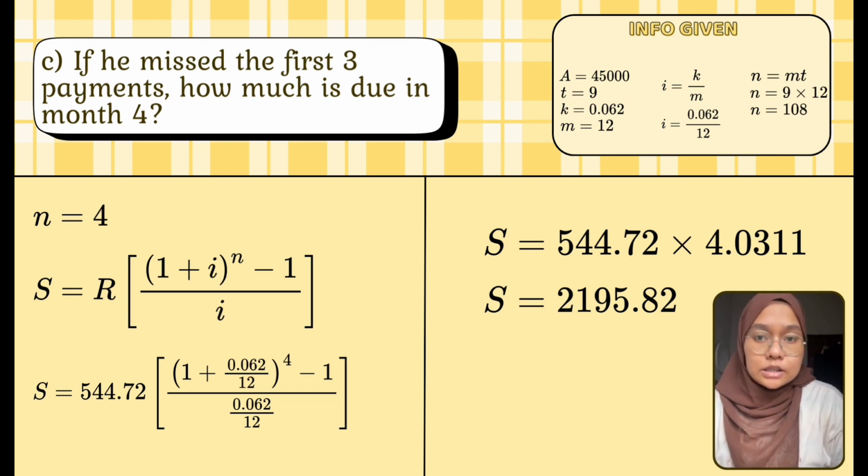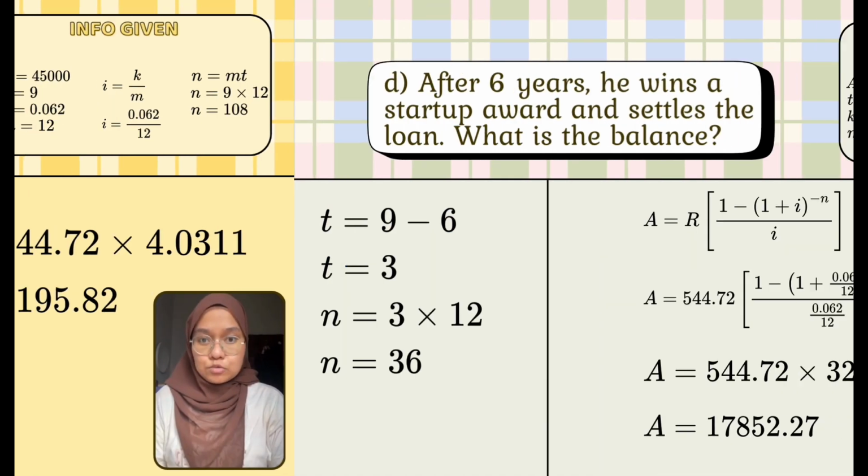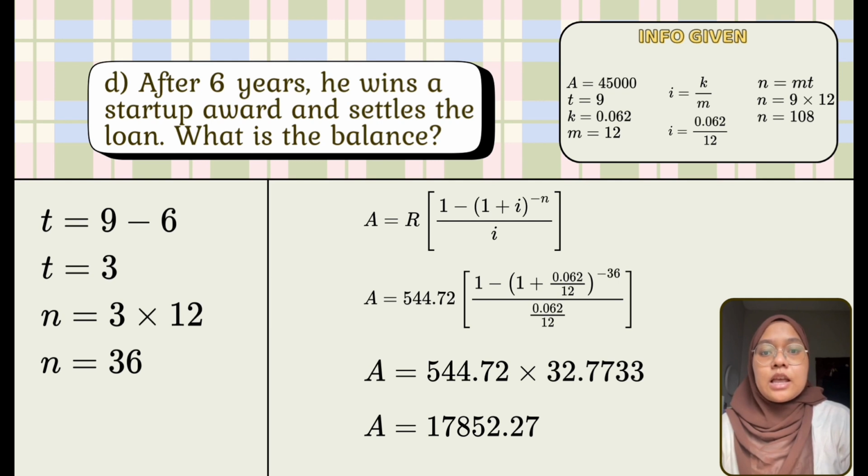So we insert all the information given, and don't forget to change the value of n into 4, and the total payment that he needs to pay in month 4 is 2195.8.